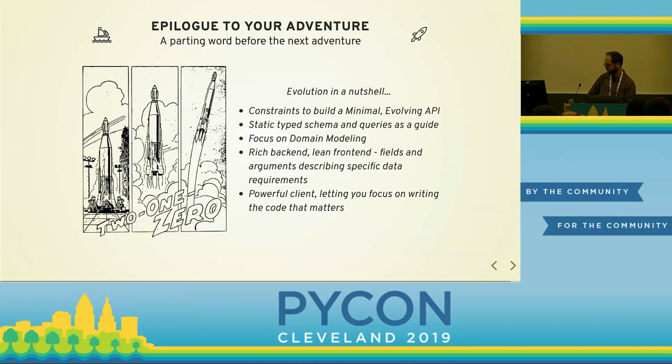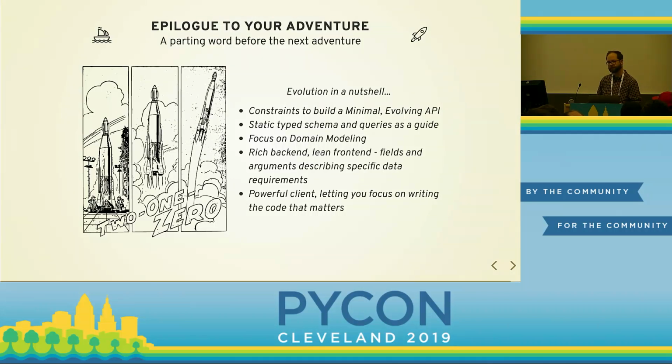All right, so just to wrap up, evolution in a nutshell. GraphQL provides us some constraints to build a minimal evolving API. Our statically typed schema and queries are a guide for what's safe to evolve over time.